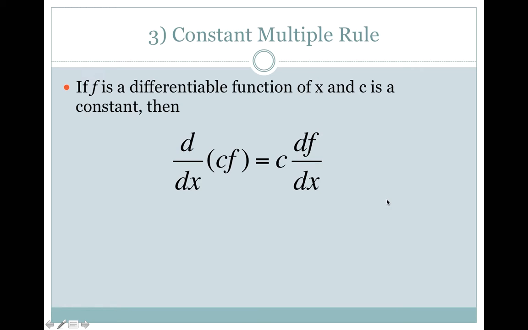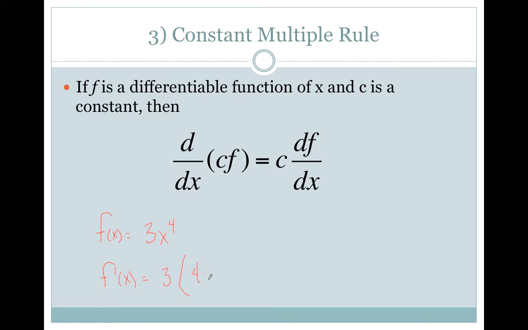Next, if you have some constant multiplied by your function, you can essentially take the constant to the front and take the derivative of the problem itself. This would be something like this. F of x is equal to 3x to the 4th power. If I took the derivative of this, this would be 3 times the derivative of x to the 4th.